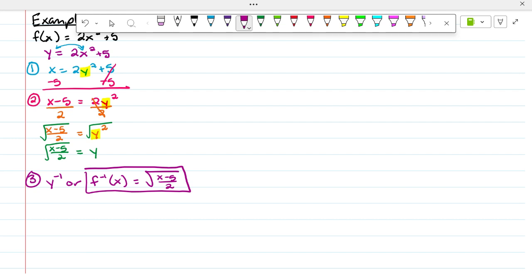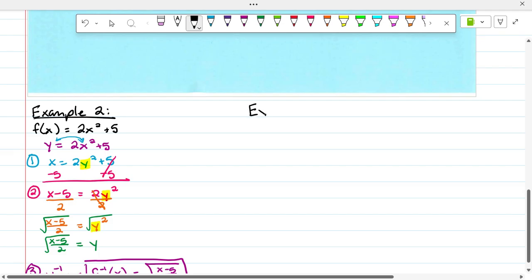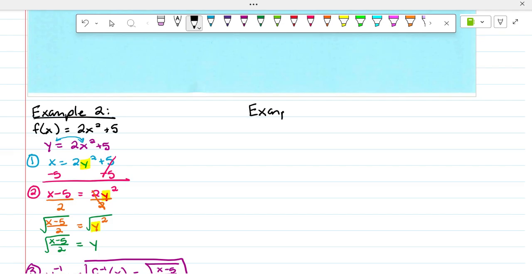All right, let's do another one. So let's call this example 3. So let's do f of x is equal to 2 times x minus 5 squared plus 1.